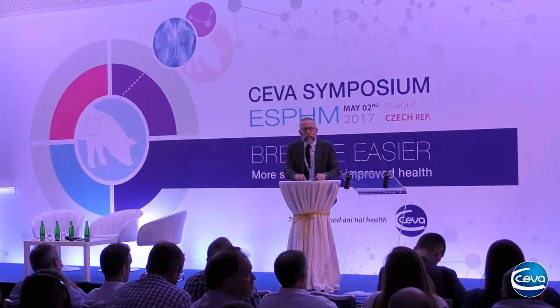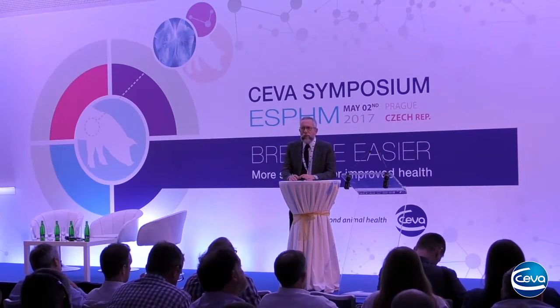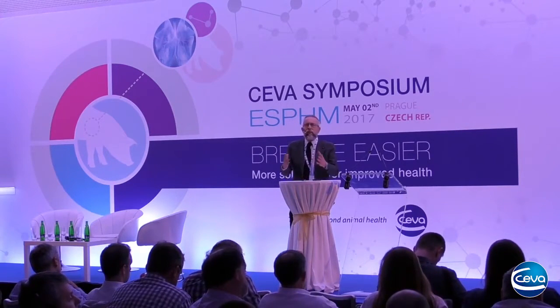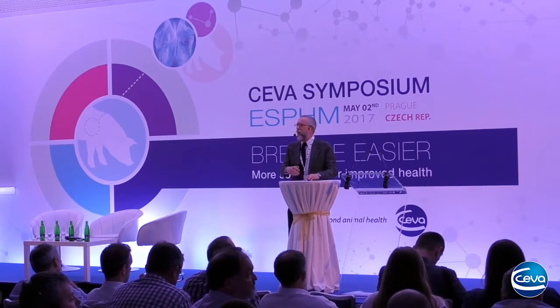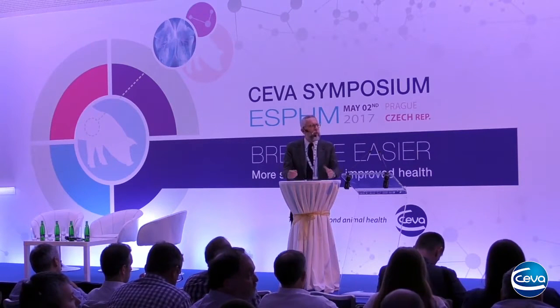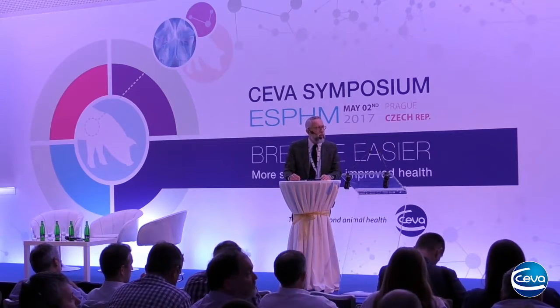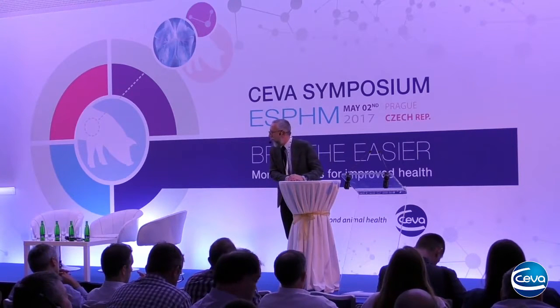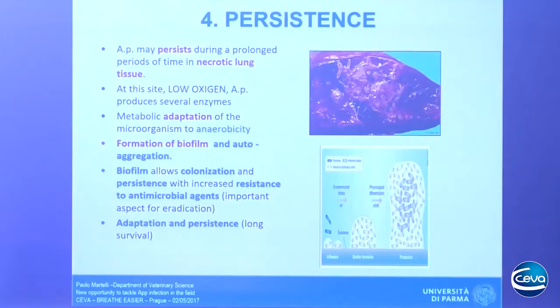I want to remind you, make an example. Okay, the persistence of the microorganism in human beings, for instance, streptococci, Streptococcus hemolyticus in kids, in the tonsils, and the persistence is based on the presence of biofilm there, okay.